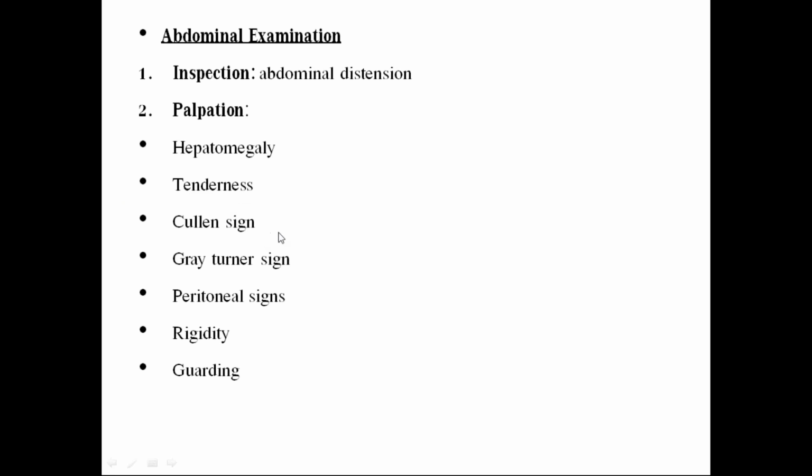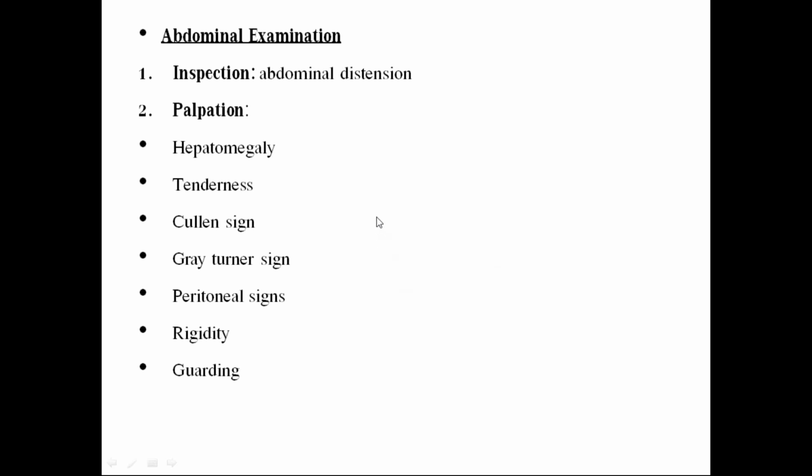Pathology and the important signs: Cullen and Grey Turner signs, periumbilical ecchymosis and flank ecchymosis. There is also the Bryant sign, which is ecchymosis of the upper thigh, and there is Fox sign.